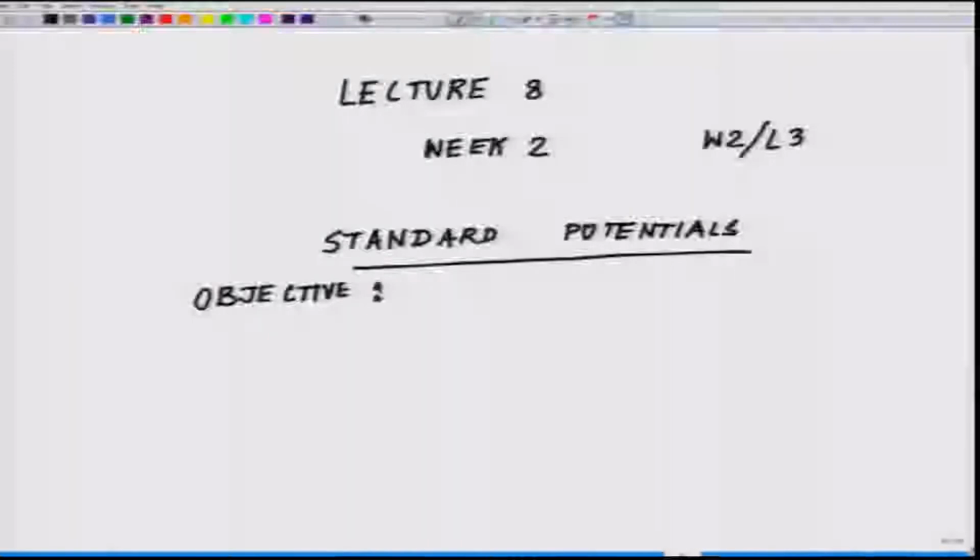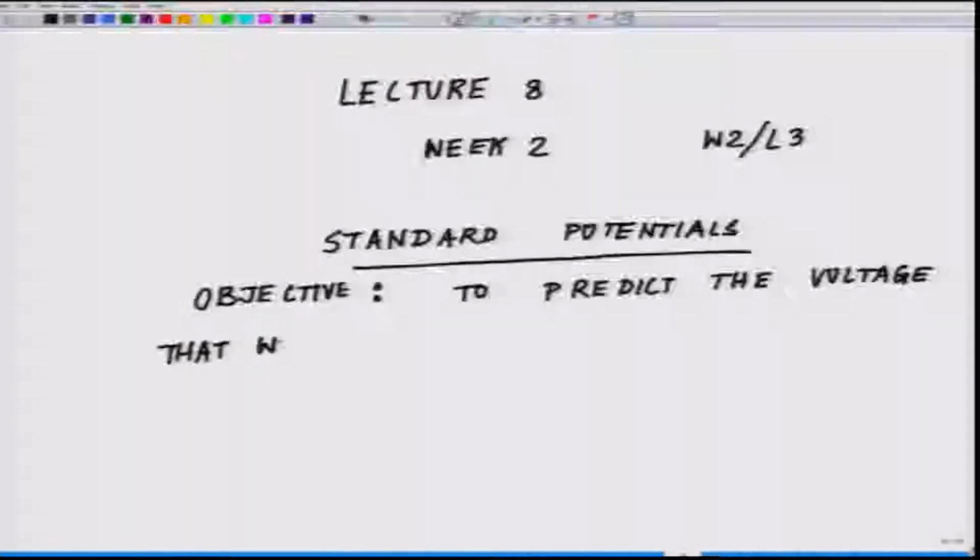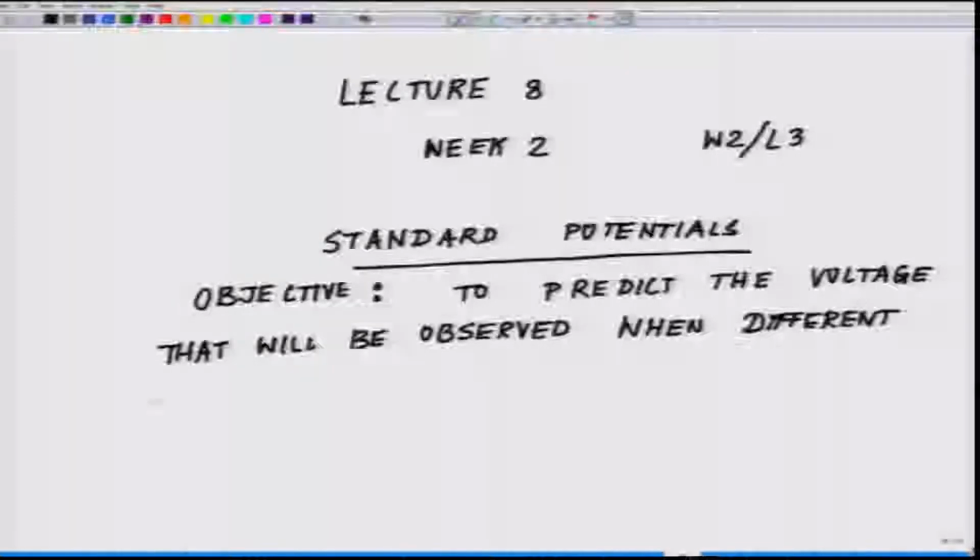The objective is to predict the voltage that will be observed when different half cells are connected to each other.